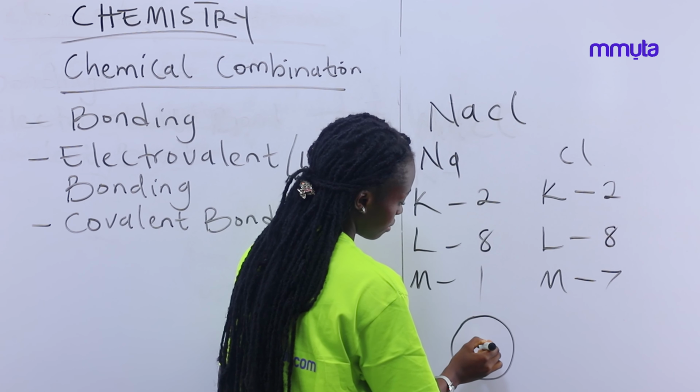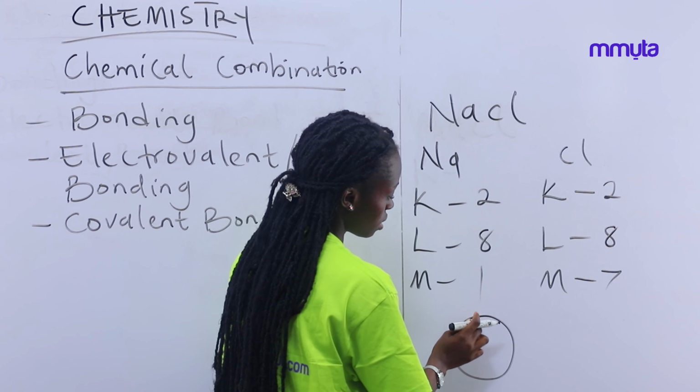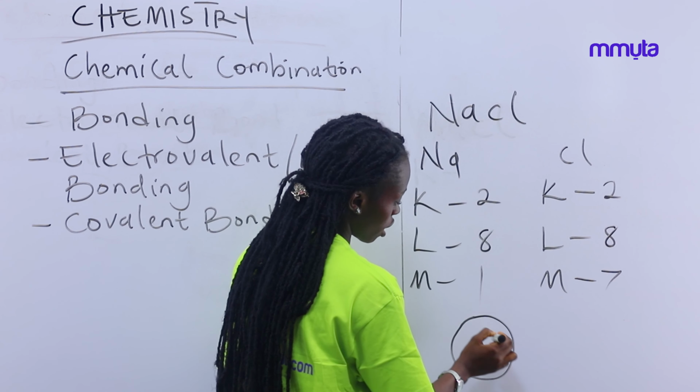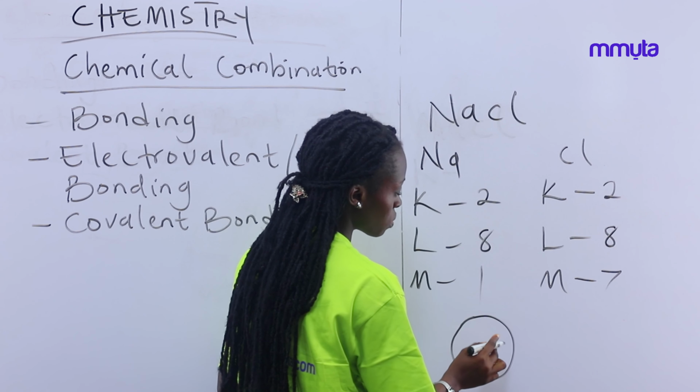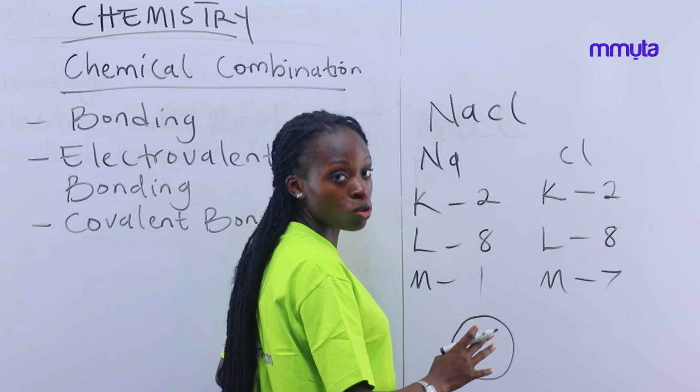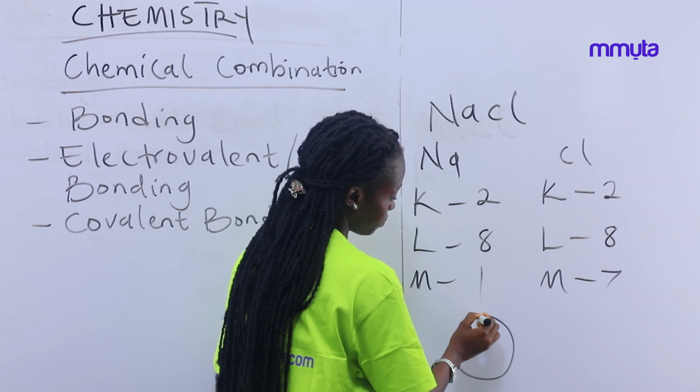The nucleus. Now, this is the first shell, which is the K shell, which houses a maximum amount of 2 electrons.